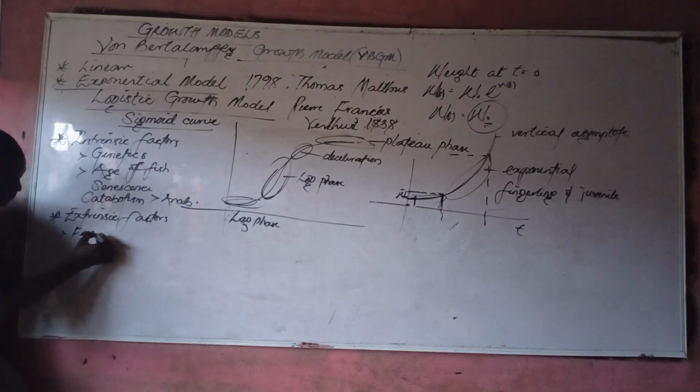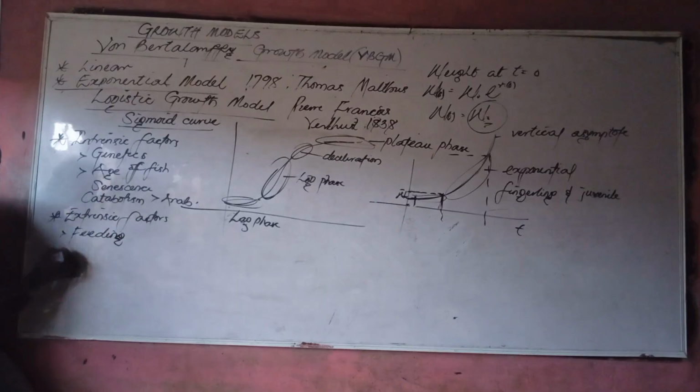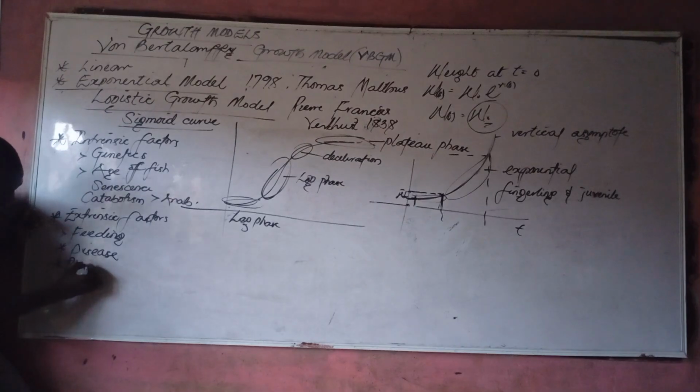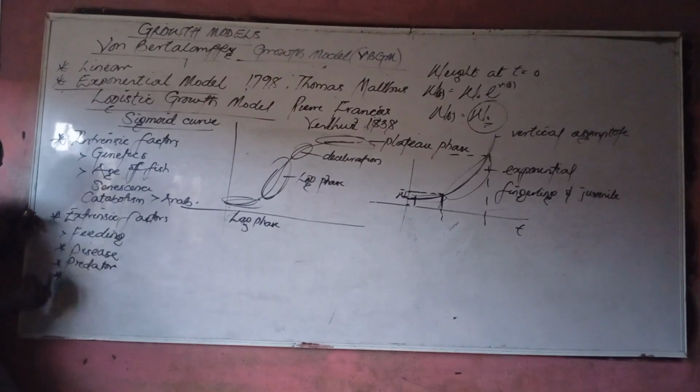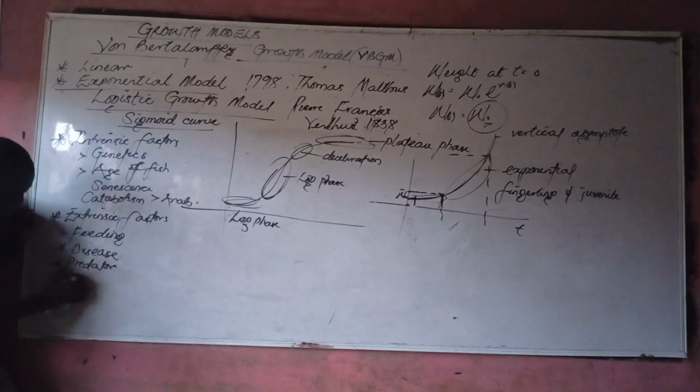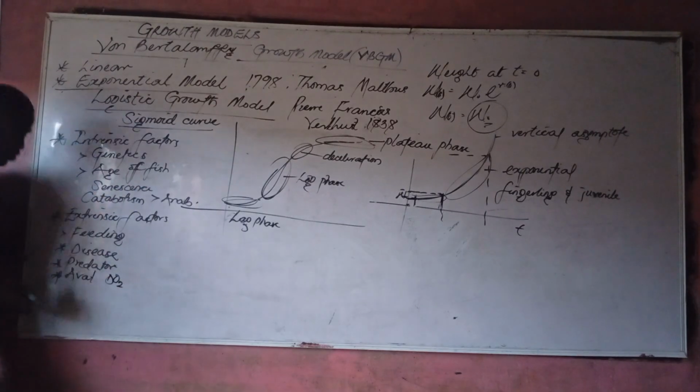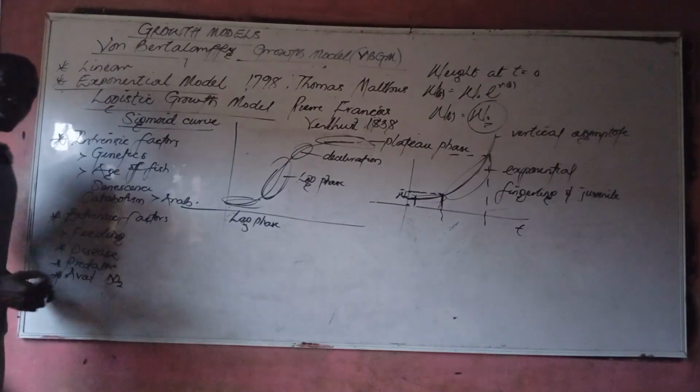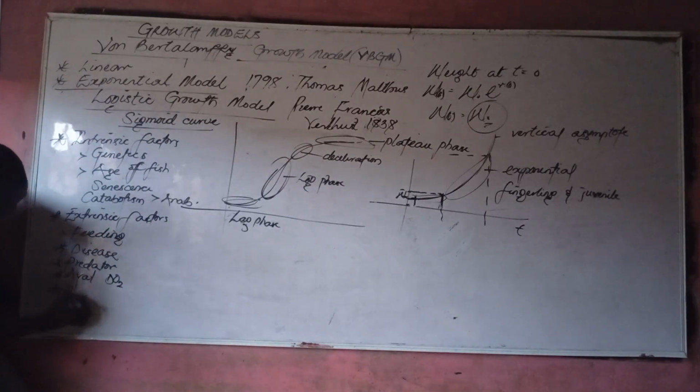You understand? Feeding, availability of food. Okay. Disease control. That's environmental factor. Presence of predator now. Some are biological, others are chemical. Freshness of water, okay. The availability of DO2, that's dissolved oxygen, and stocking density, a very vital one.